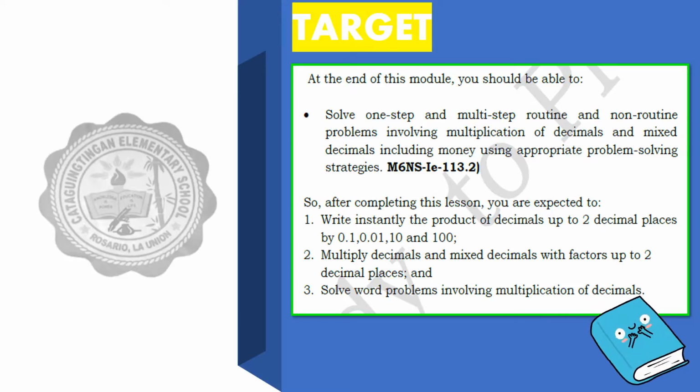So after completing this lesson, you're expected to write instantly the product of decimals up to 2 decimal places by 1/10, 1/100, 10, and 100. Multiply decimals and mixed decimals with factors up to 2 decimal places and solve word problems involving multiplication of decimals.